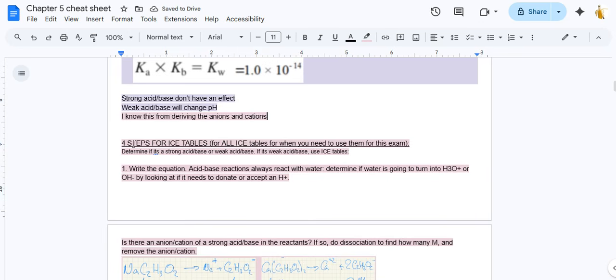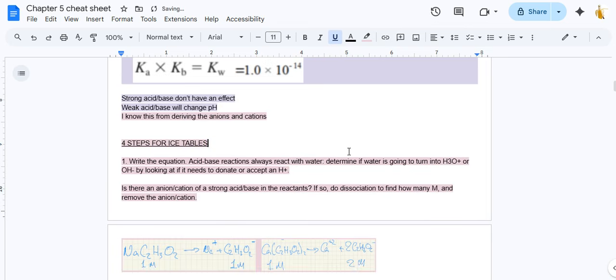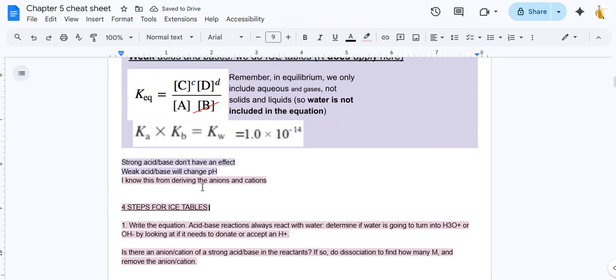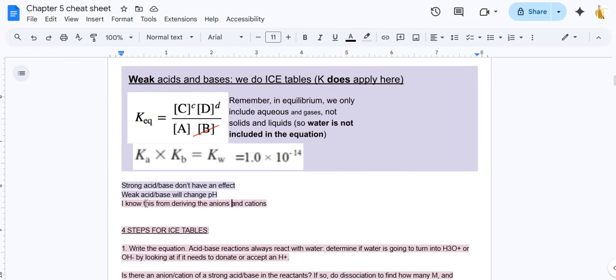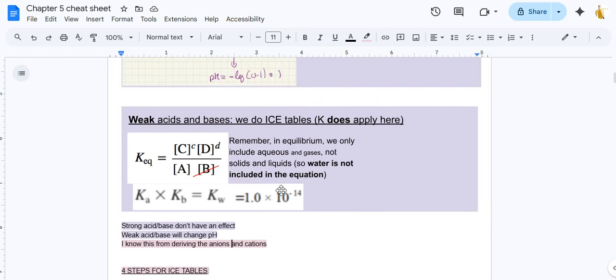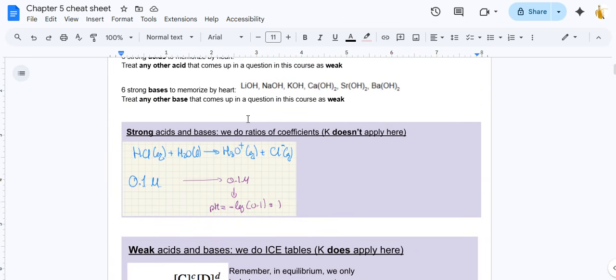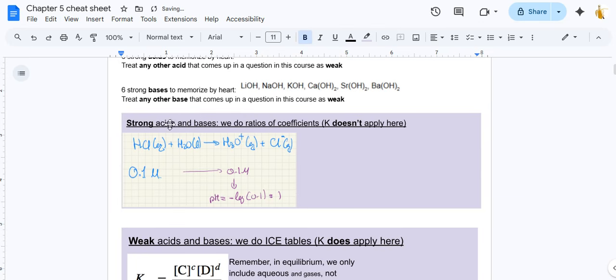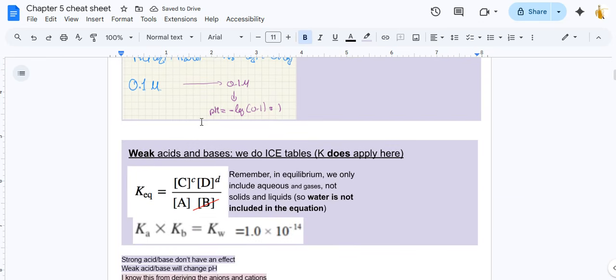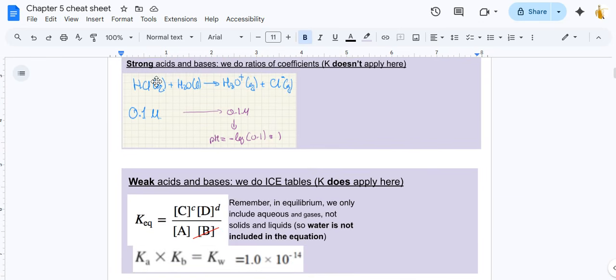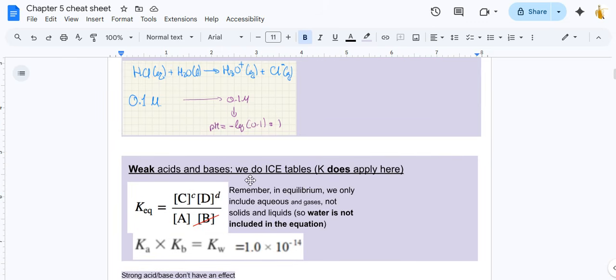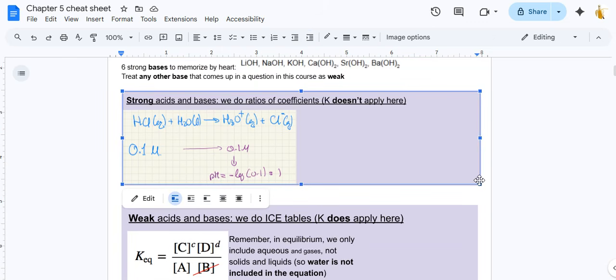And the steps is stable. Remember, before I decide if I should use it as stable, I see if it's a strong acid or base, or if it's a weak acid or base question.